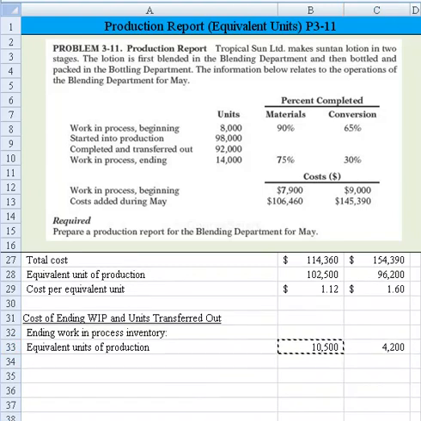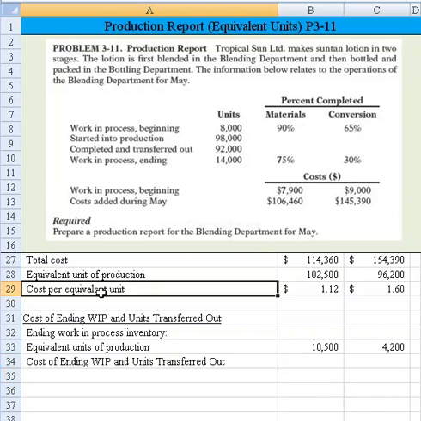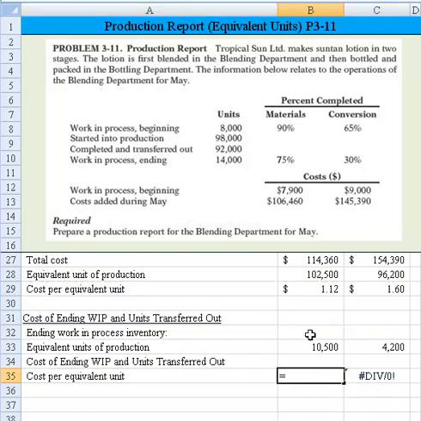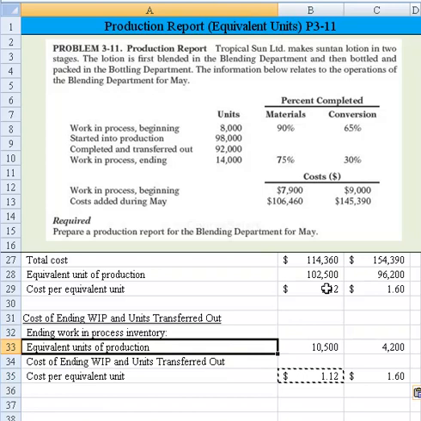Okay. Then next, we would need to calculate the cost per equivalent unit. I'm just going to copy that, and then reference those cells because we've already calculated that. So I've got the 10,500.